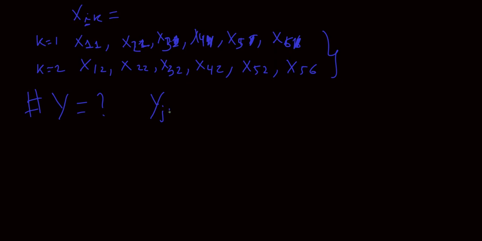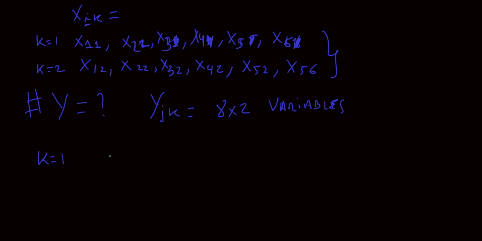So for y_jk, I will have essentially 8 times 2 variables. What are these variables in the long form?